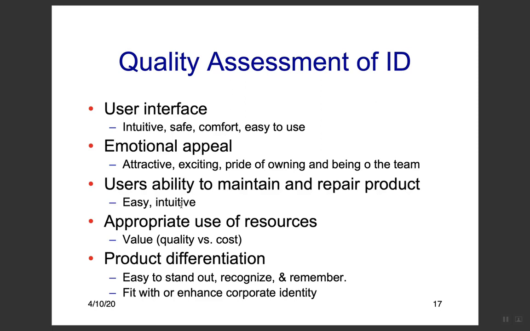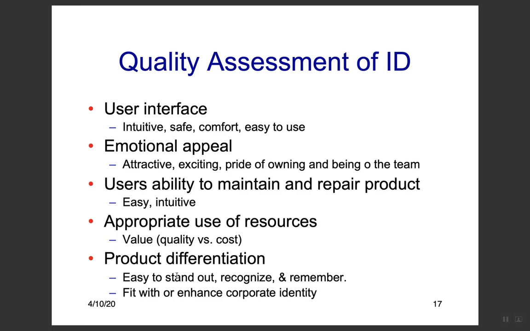I think the third and the fourth are almost similar. And the fifth is product differentiation. It is easy to stand out, your product is number one, easy to recognize, easy to remember, unique, and it fits with or enhances corporate identity.